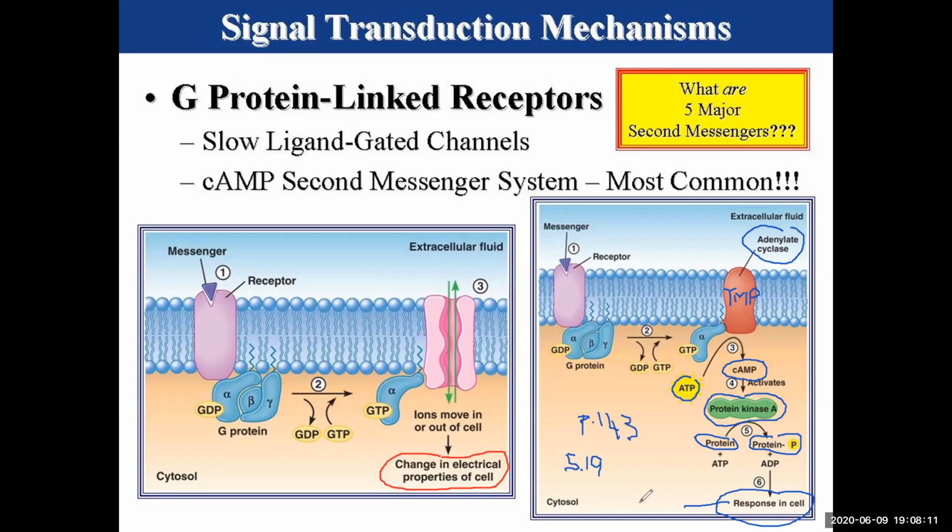So the second messenger cyclic AMP can amplify the response. So you can start with only one single chemical messenger, but you can produce thousands, if not hundreds of thousands, of these signaling cascades. So the cell can respond. So the message was amplified, hundreds of thousands, if not millions of times.